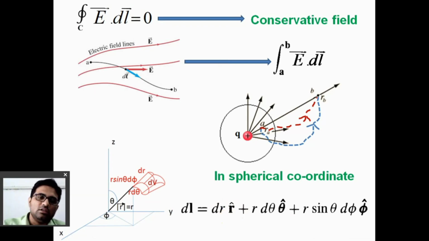This r d theta is the length of the small arc along the theta direction. Then r sin theta d phi is along the phi direction. So overall, the total length we can write like this.